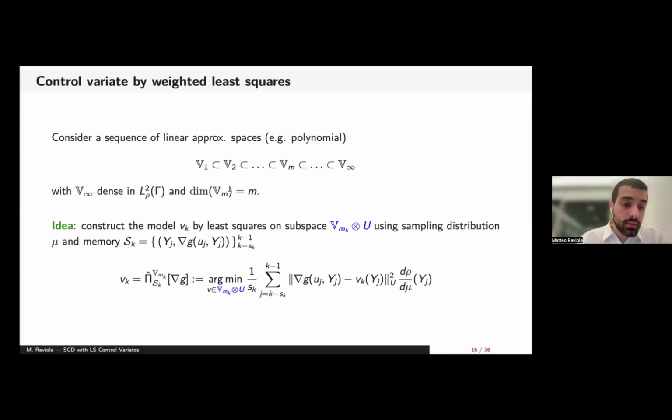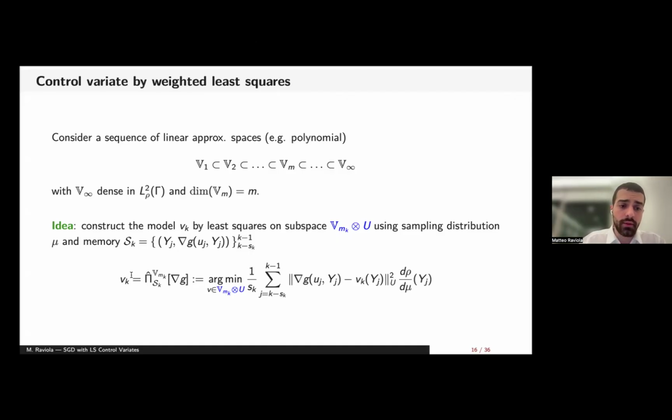So the idea, very simple, is to construct the model v k by a least squares on a subspace V M k tensor U using a sampling distribution mu and the memory. So this is what we've been going on about. I'm just giving a practical example of what kind of model and fitting procedure could be.